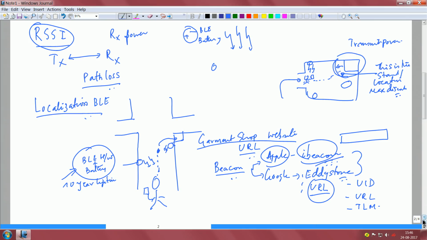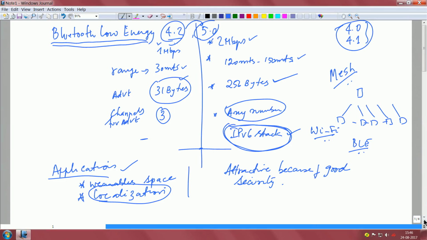Let me just go back to where we started with the two localization applications. Here you talk about beacon technology and the variable space, which is an interesting thing. Now look at what I wrote here.